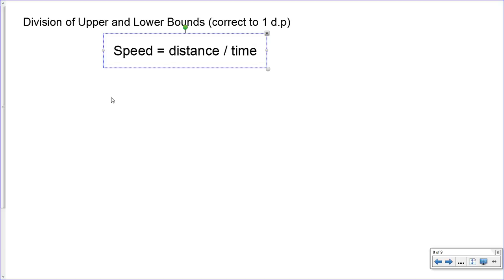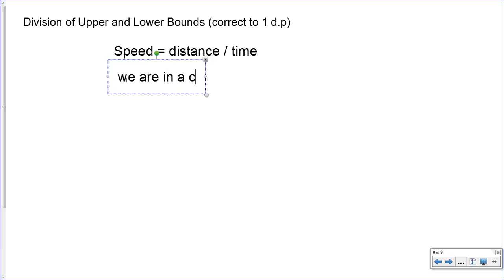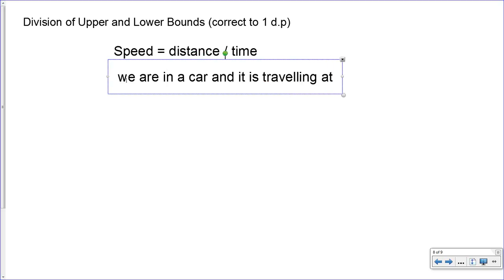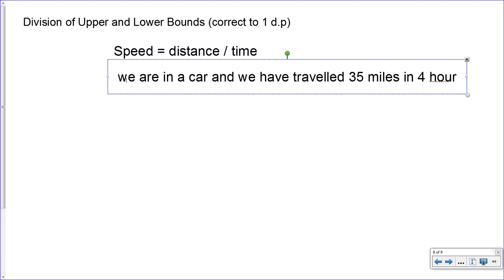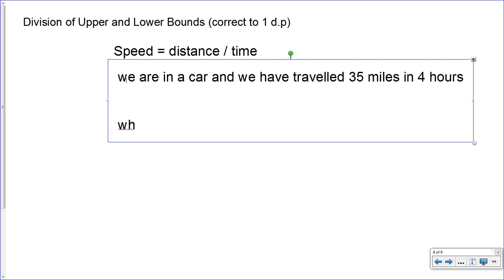And let's say that we're in a car and we have traveled 35 miles in 4 hours. What is our speed?